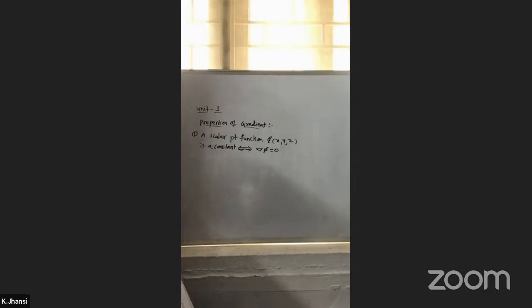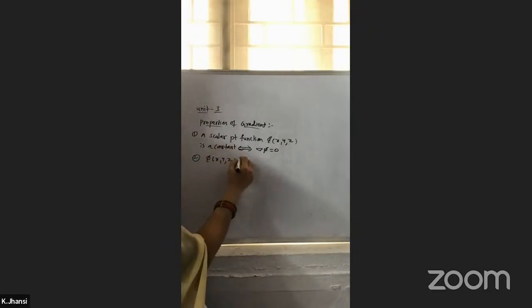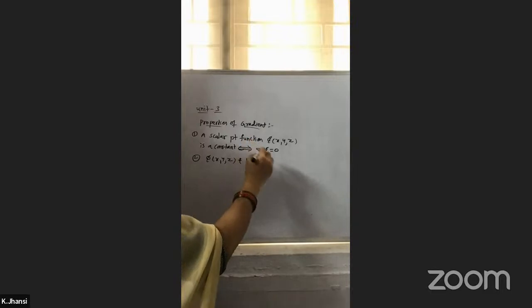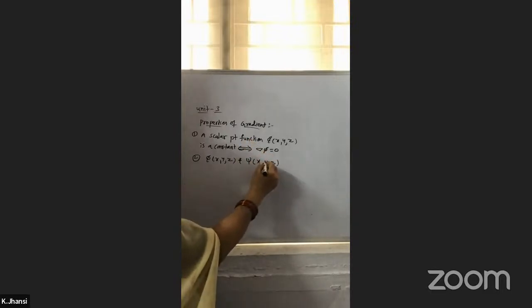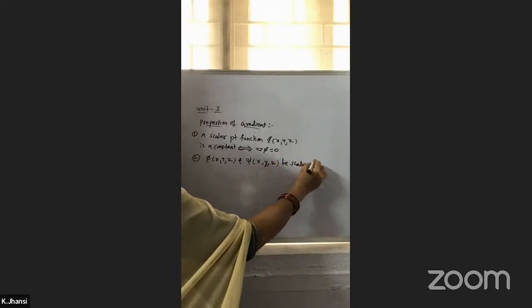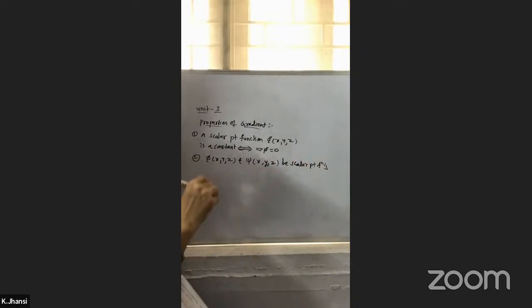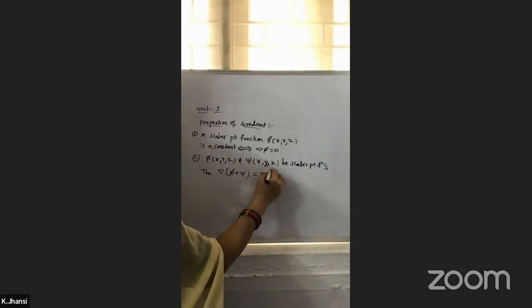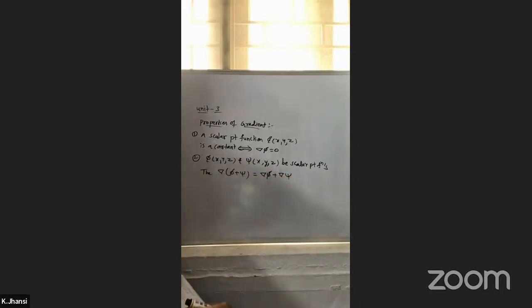Next, the second one: if phi is given for x comma y comma z, and one more scalar function is given, that is psi of x comma y comma z, then del of phi plus psi is equal to del phi plus del psi.